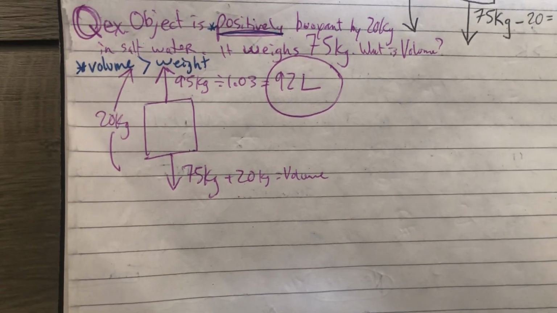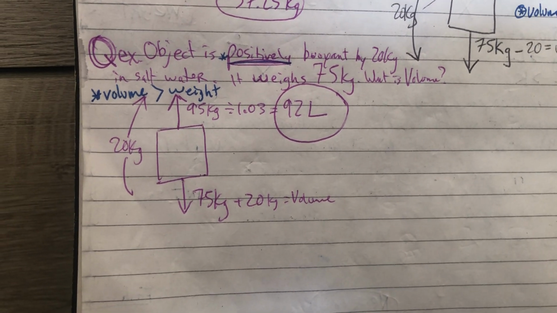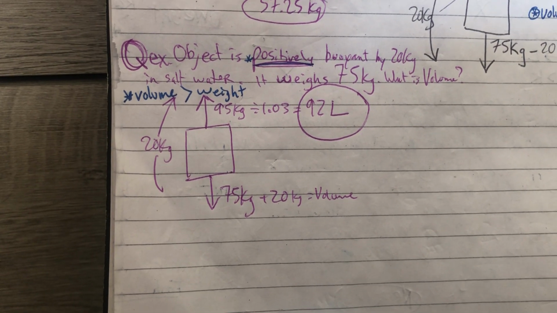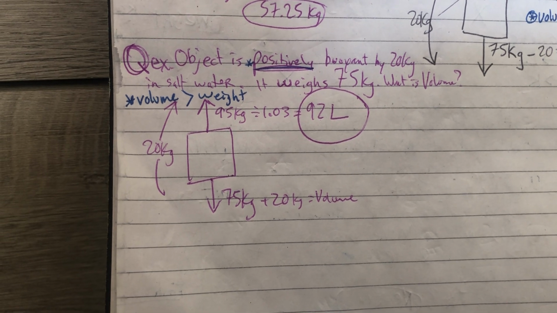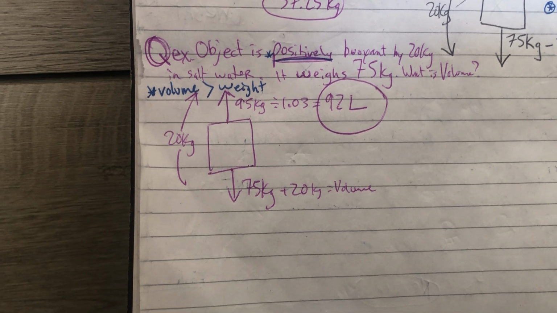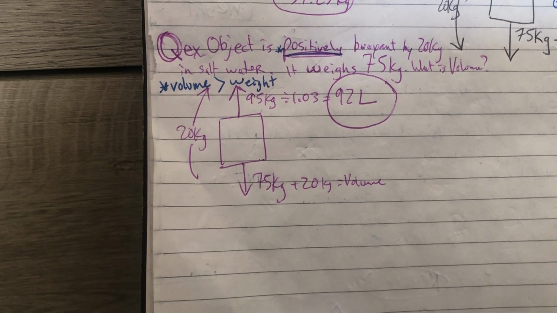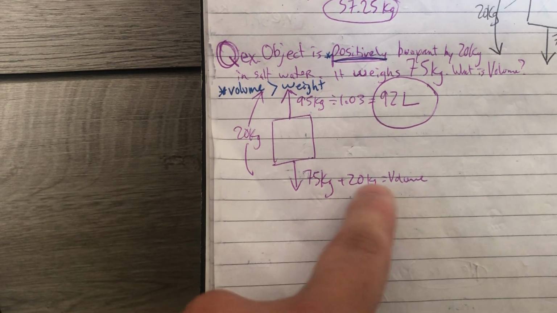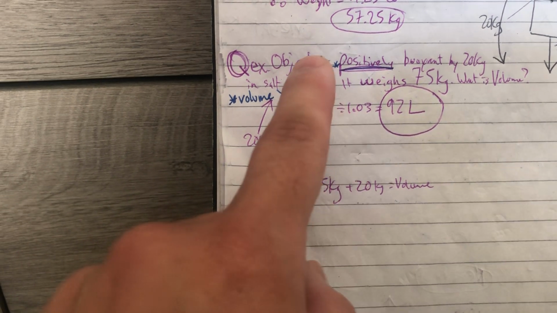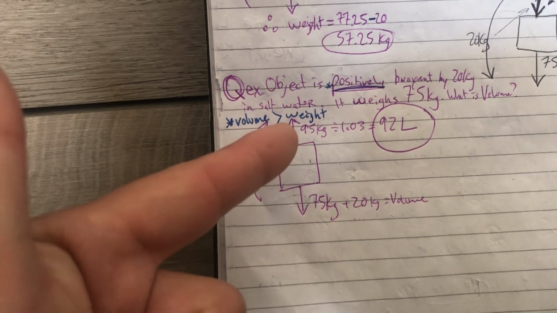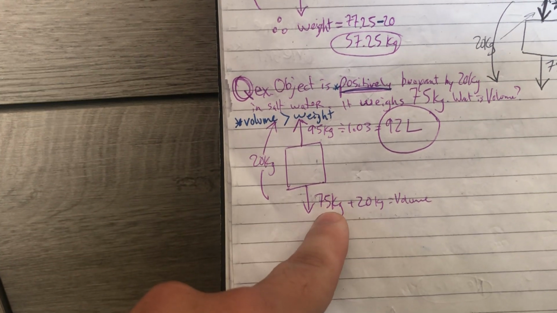Okay, and then we have the exact same question here. The only difference is now it's positively buoyant by 20 kilograms. So we're basically looking at the same information, and the only difference down here is we're adding 20 kilograms to get the volume because it's 20 more than the weight.